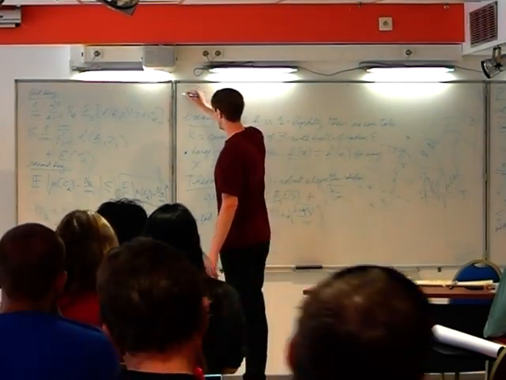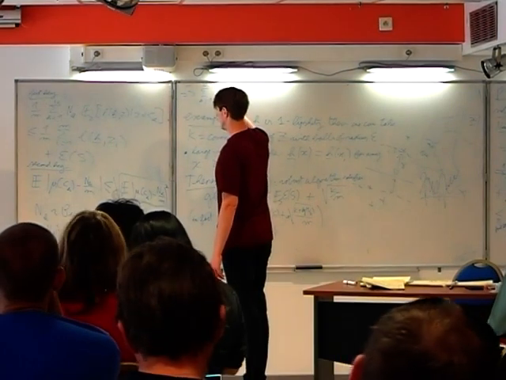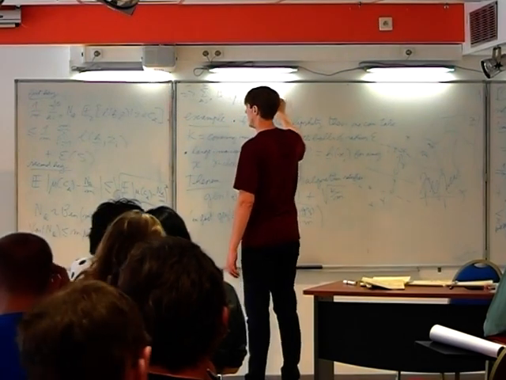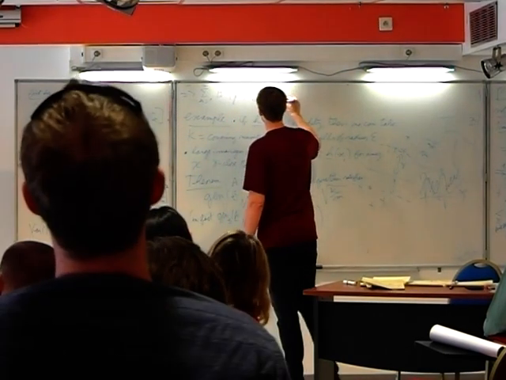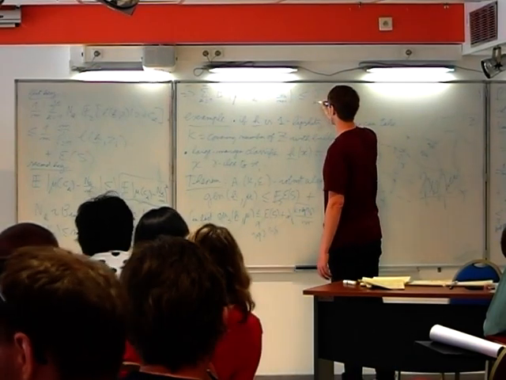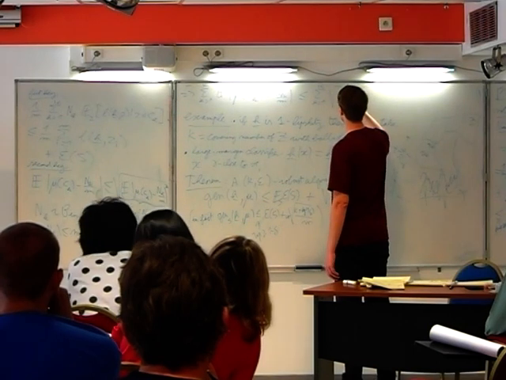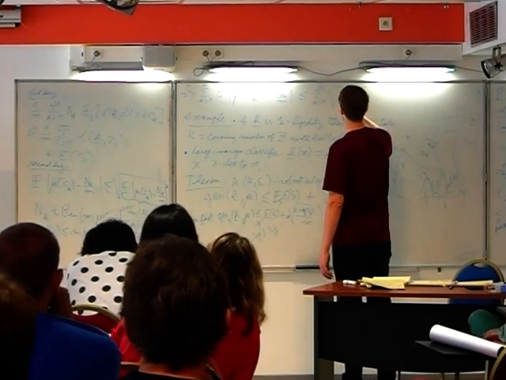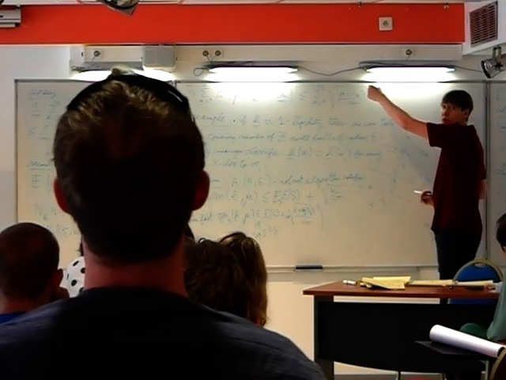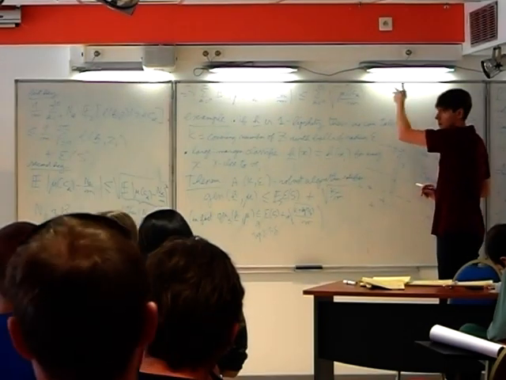So last step, sum for k equals 1 to capital K of the expectation of mu of Ck minus Nk over m. We just proved that this is bounded by the sum for k equals 1 to capital K of square root of mu of Ck over m. So the sum of the square roots is bounded by the square root of the number of terms times the sum of those terms.